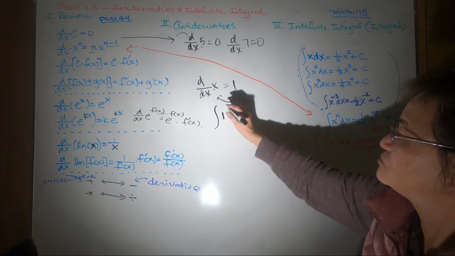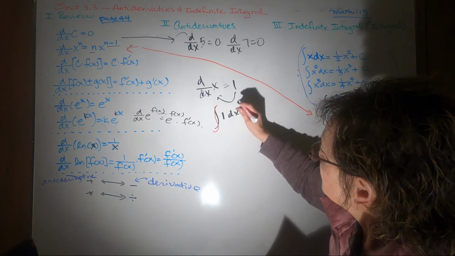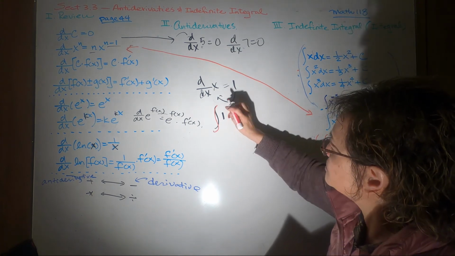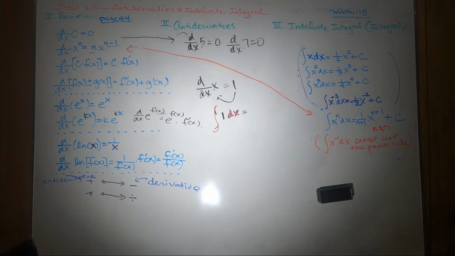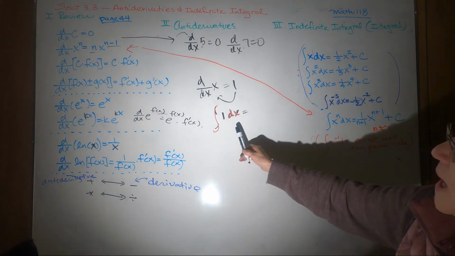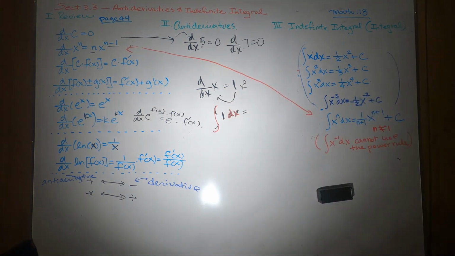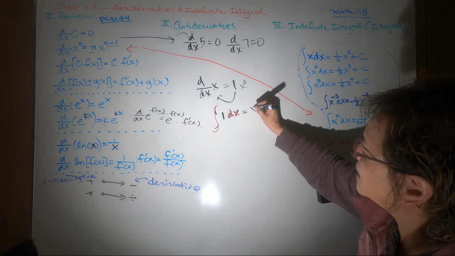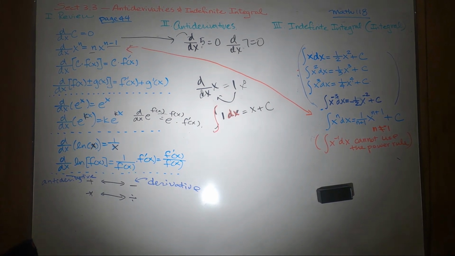The integral symbol and this dx mean you are integrating with respect to the variable x. If I go back from 1, which is a 0 level, you go a level higher, you should have x plus an arbitrary constant.